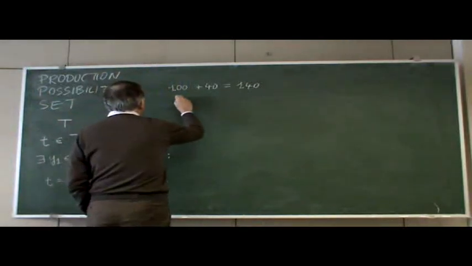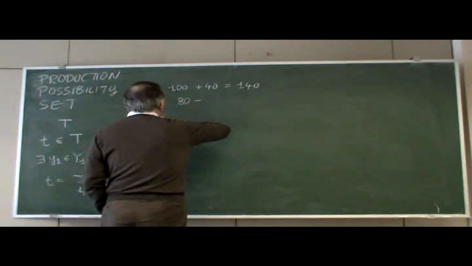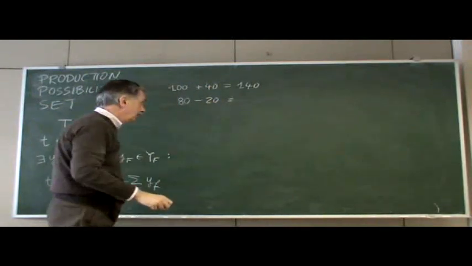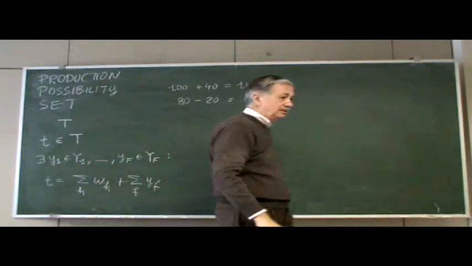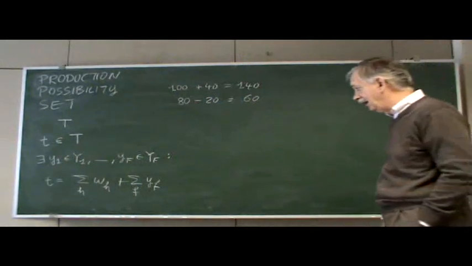While if, for example, of a good we have 80 units and you employ 20 units as production factors, you have in hand only 60 units of that good to be consumed. Is it clear?